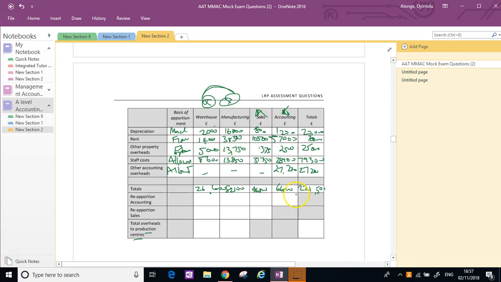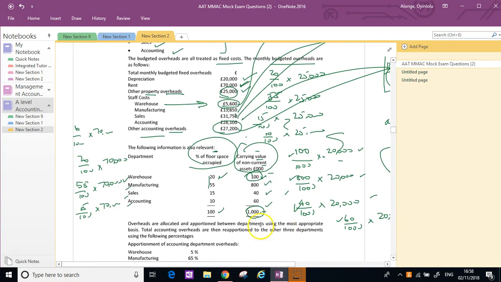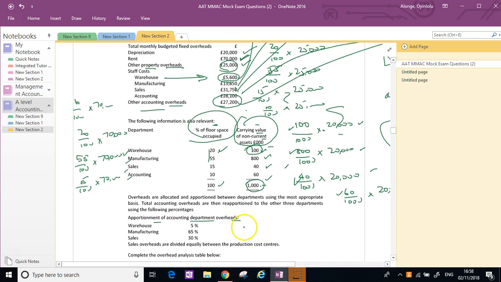So they have to give us some guidance on how we're going to reapportion. It says reapportion accounting, which means come over here to accounting, and the question tells us how to reapportion this. It says apportionment of accounting department overheads: give 5% to warehouse, 65% to manufacturing, and 30% to sales.